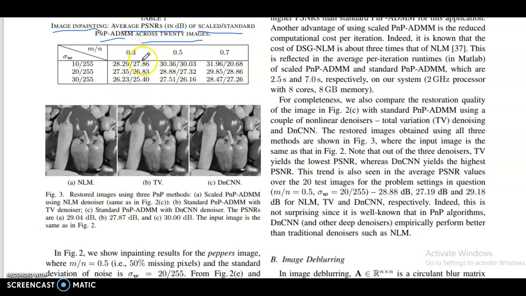All of these are the average BSNR values across 20 images.